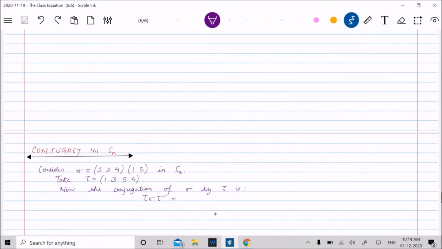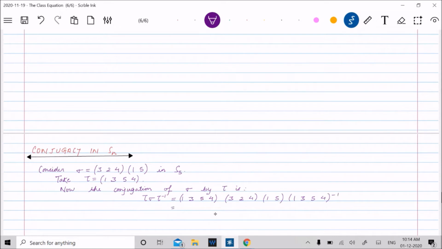Now I will just put the values of these sigma and tau. This is my tau (1, 3, 5, 4), and here is my sigma (3, 2, 4)(1, 5), and now tau inverse, (1, 3, 5, 4) inverse, right?